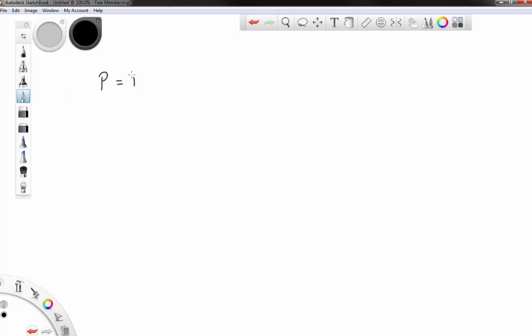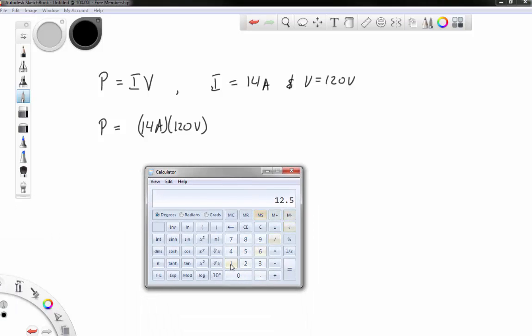But what we've been given in this problem is that the current is 14 amps and the voltage is 120 volts. So we use that the power is 14 amps times 120 volts. So let's whip out our calculator and figure out that it's 1,680.